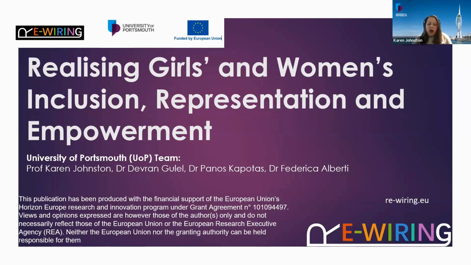And I'm not being facetious here, but we decided on the acronym of Rewiring, because our whole project was adopting a transformative approach to institutions to increase the representation of women and girls and empower.